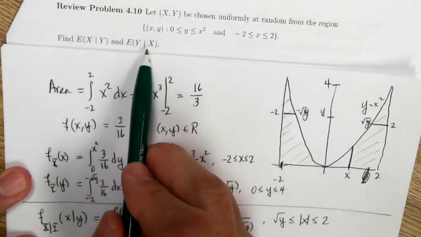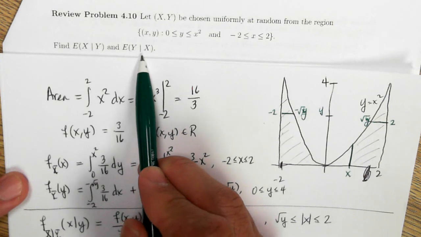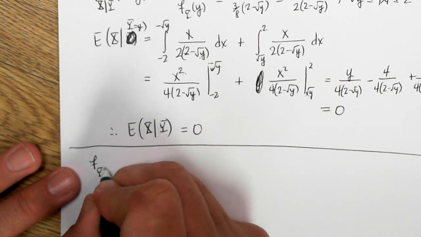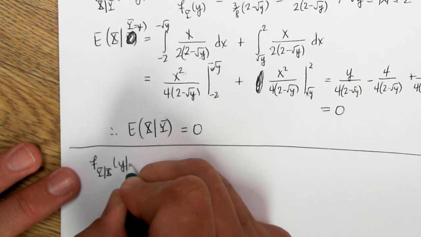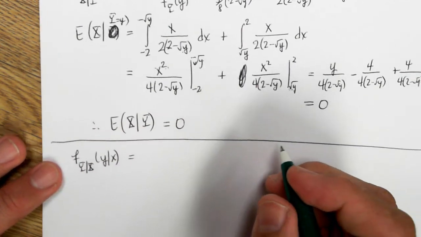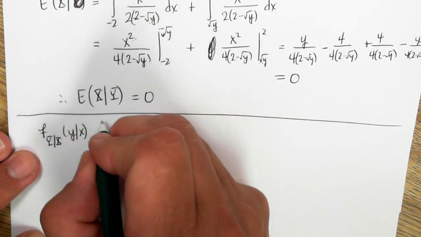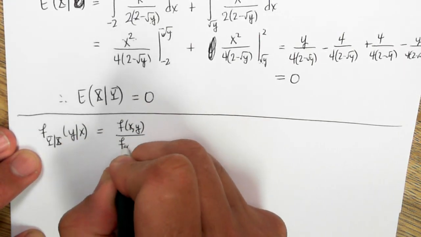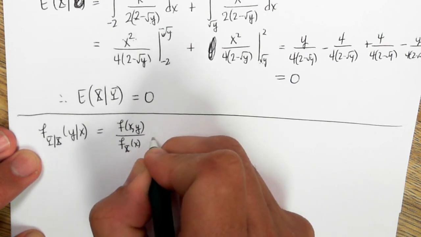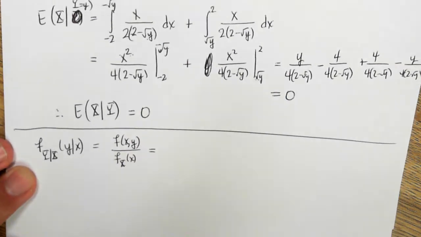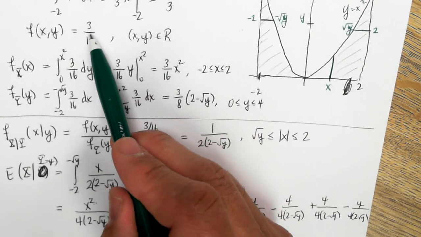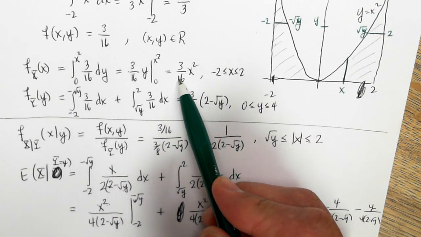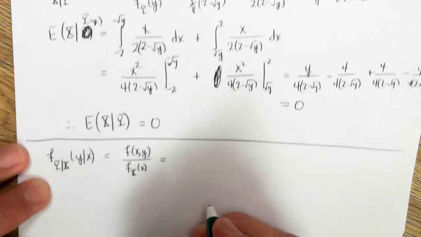The second part of the problem asks us to figure out the expected value of y given x. So to do that, we find the conditional distribution of y given x. That is equal to the joint PDF divided by the marginal PDF for x. So the joint PDF is 3/16, and the marginal PDF for x is 3/16 x squared.